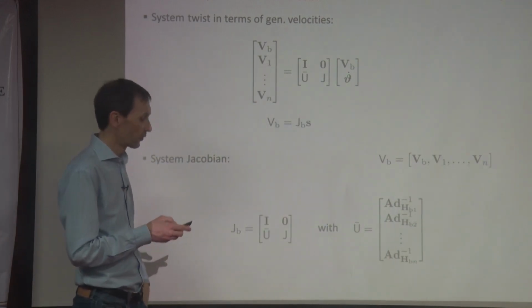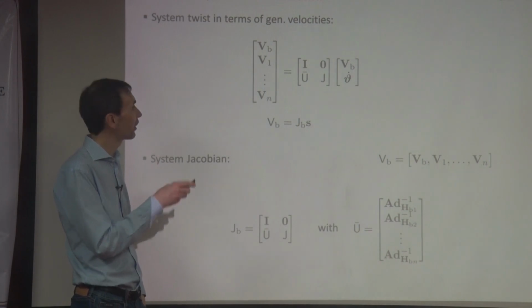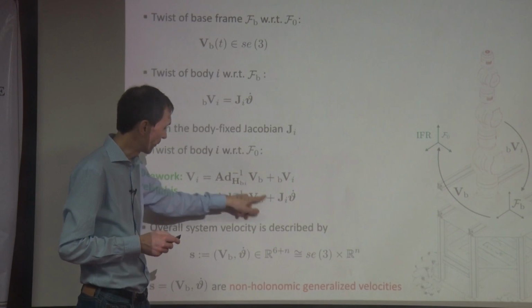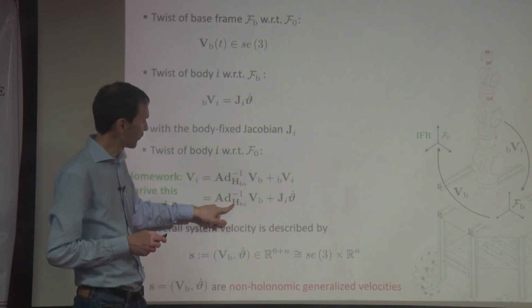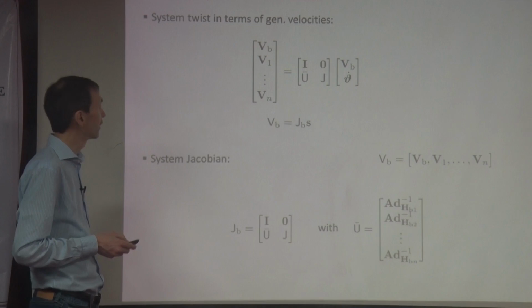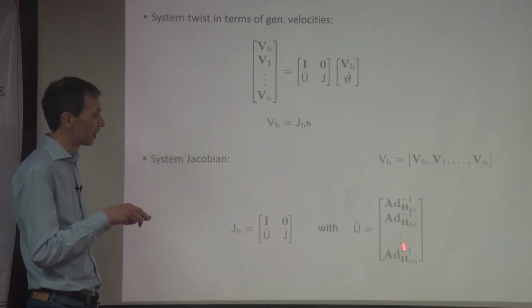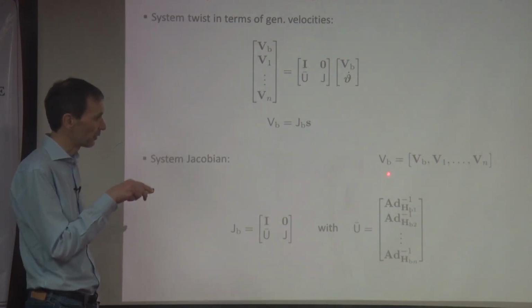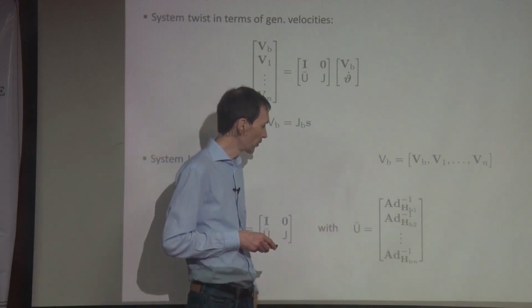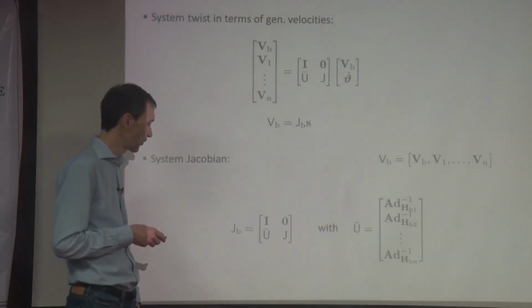And then we have this contribution by the base twist. Okay, the base twist, this is this one here. So we have the adjoint of the transformation Bi. So B1, B2, B up to Bn. And I collect them in a matrix, I call it U, and I call it U bar for some reason.